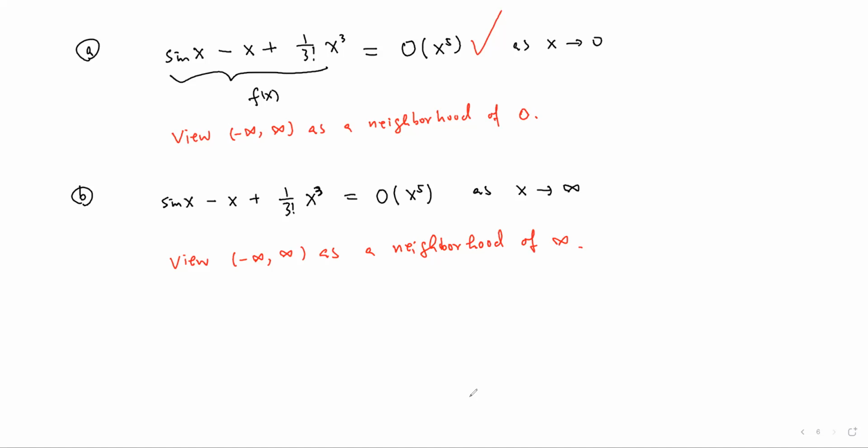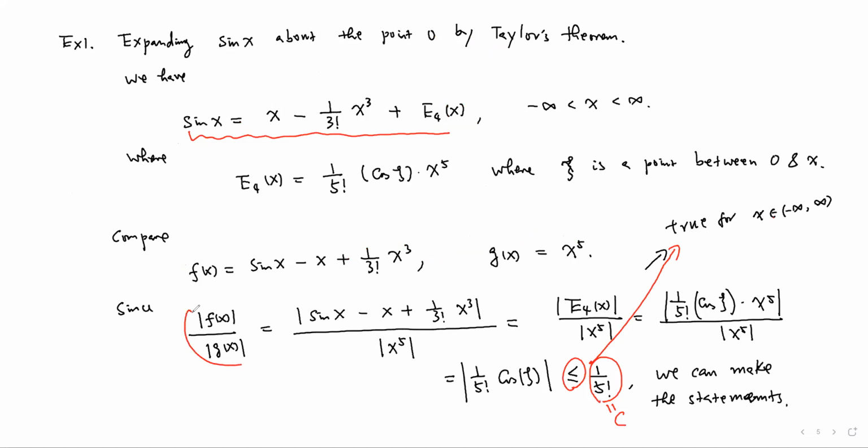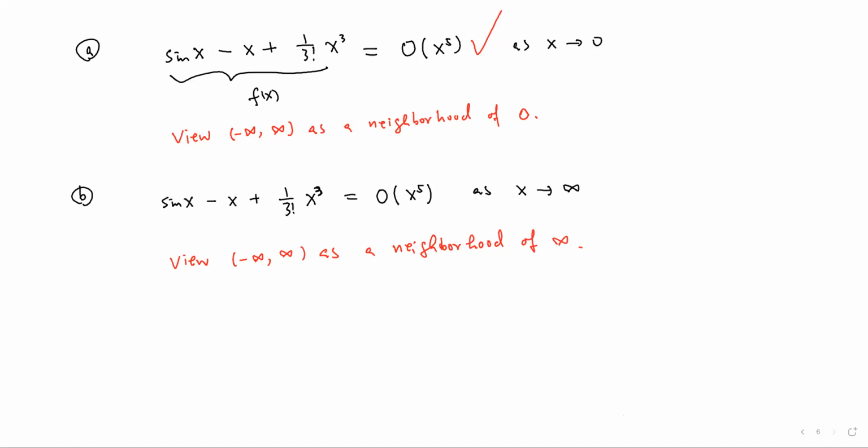I can find a neighborhood of infinity and a constant, the constant is 1/5 factorial, so that the ratio is less than or equal to the constant. Then I can write function f is big O of function g.